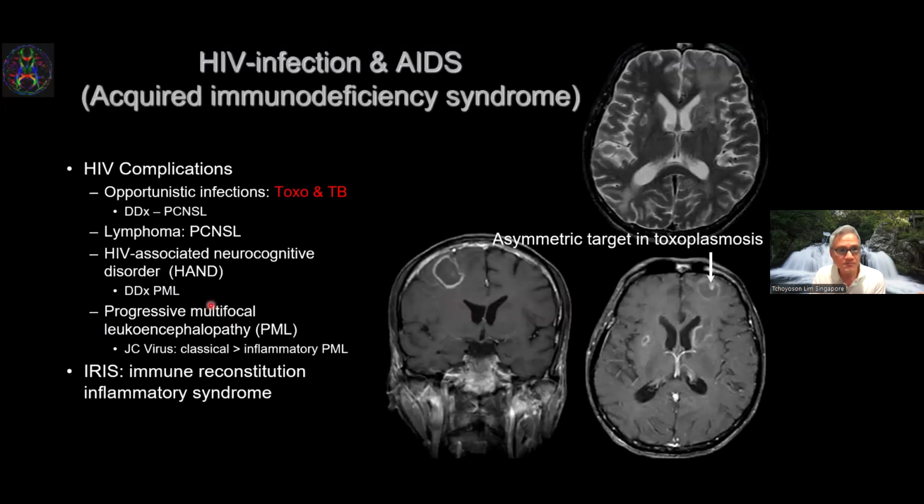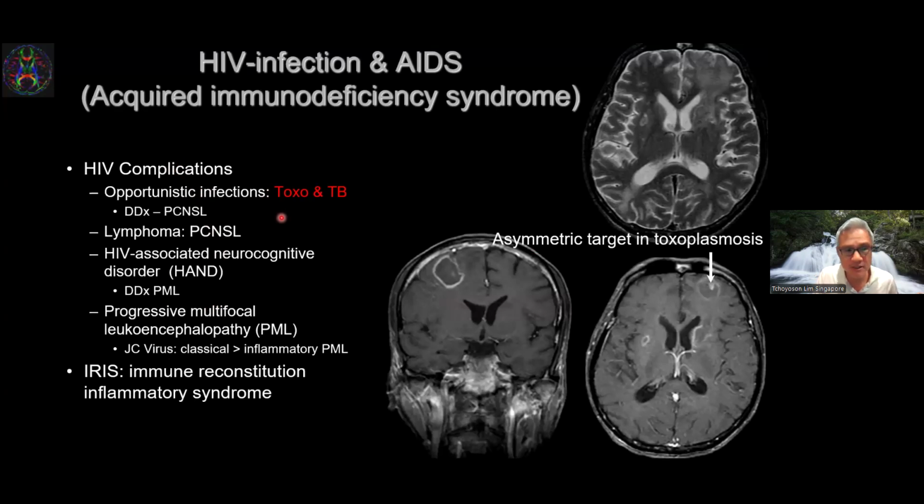Here in HIV infection, we will cover specifically opportunistic infections. In full-blown AIDS, if the patient is not treated with ART, opportunistic infections are the most common CNS disease, especially toxoplasmosis.